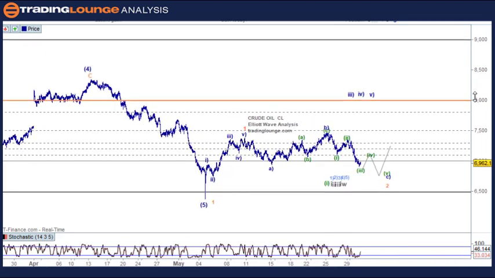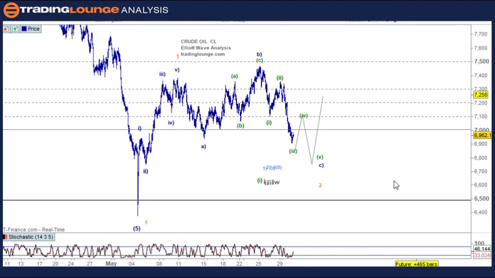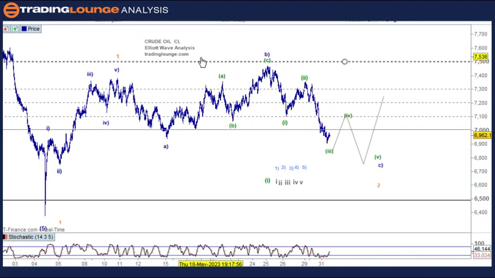But now that it's doing this expanded flat type of correction here, I don't really particularly want to label it wave 1 at this stage. There'll be an equal opportunity for this being a wave A and a wave B over here. But we still should see another move to the upside here somewhere based on those 5 waves here. So from here, we'll look at this as 1, 2, 3, a correction here, and then down for 4, 5 here, and then we can push up from that point.